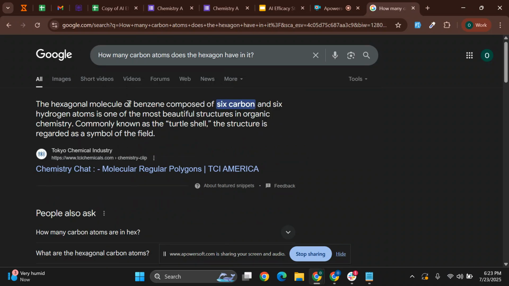Okay, the hexagon molecule of benzene, composed of six carbon and six hydrogen atoms, is one of the most beautiful structures in organic chemistry, commonly known as turtle shell. The structure is regarded as a symbol of field.